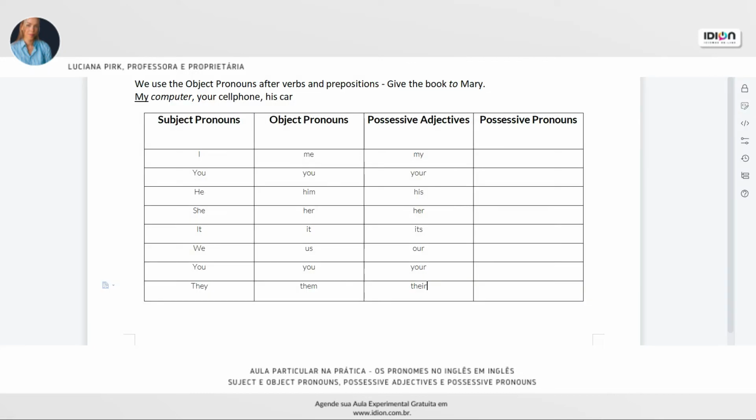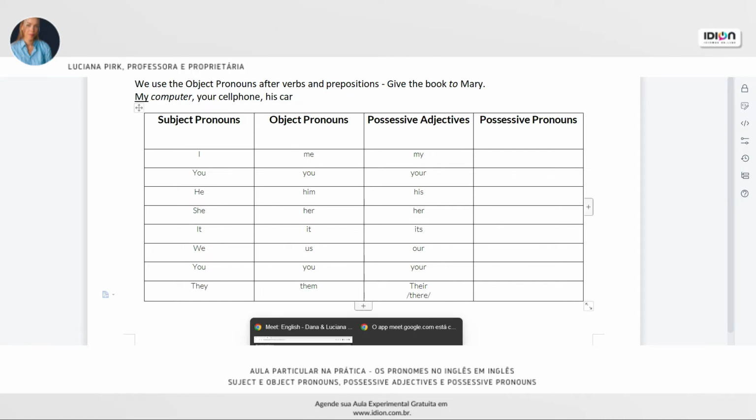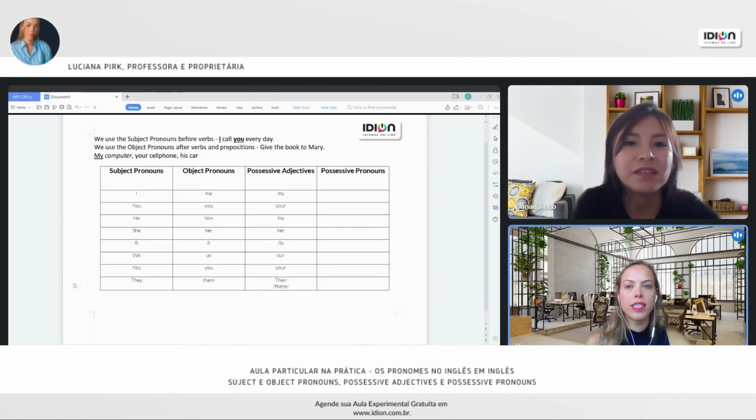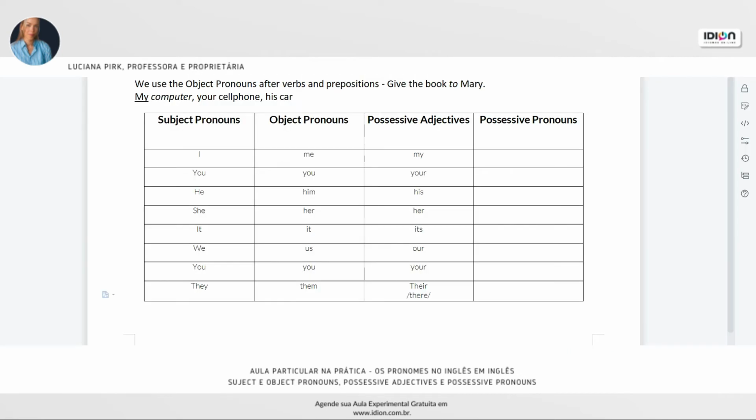But the pronunciation of this is the same as there. Here, there. It's the same pronunciation.